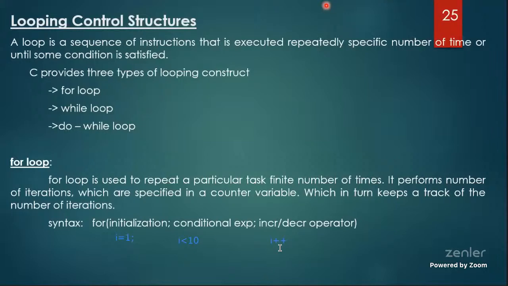Why? Because I value initially was 1, and next time it should go to 2, then 3, then 4, up to 10. It should keep changing the value, right? For that reason, we have to enter this I plus plus operator. So I'll explain with the program now.